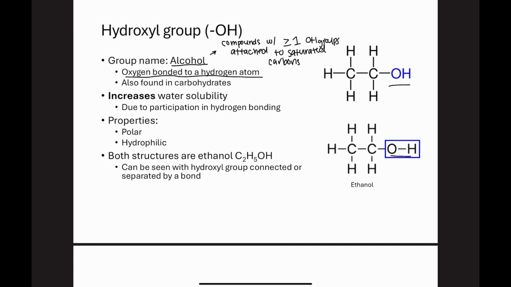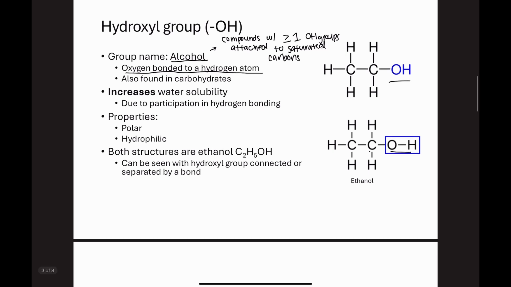And a saturated carbon is just one that is bonded to other atoms through single bonds. So in ethanol, we have a carbon and it's bonded to this hydrogen through a single bond. It's bonded to this hydroxyl group through a single bond. It's even bonded to this other carbon through a single bond.